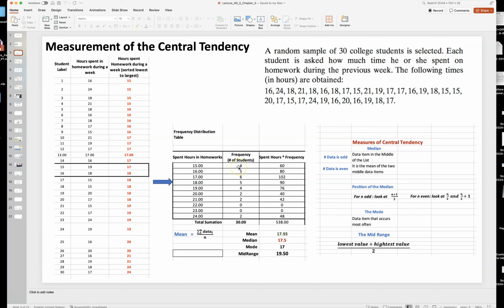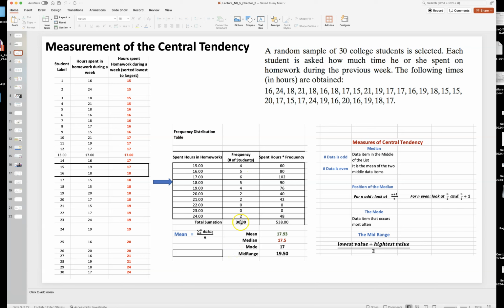And I put that number over here. Then for the next one, which is 16, I count how many students spend 16 hours: 1, 2, 3, 4, and 5. Then for 17, I count how many students spend 17 hours: 1, 2, 3, 4, 5, and 6, and so on.